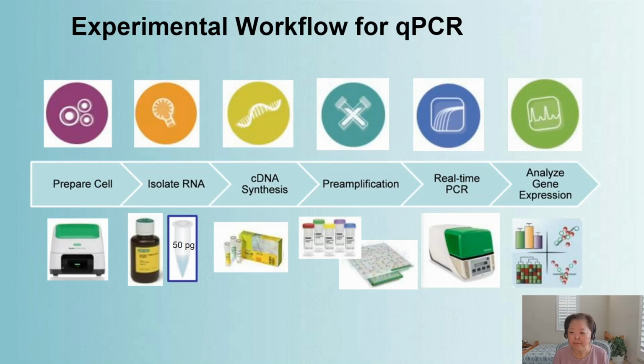Then the 15 picogram of extracted RNA is reverse transcribed into cDNA using Bio-Rad's iScript family of RT reagents. Because of the low RNA input, we pre-amplify cDNA prior to the PCR step. Remember, pre-amplification is also recommended when studying genes expressed at a low level.